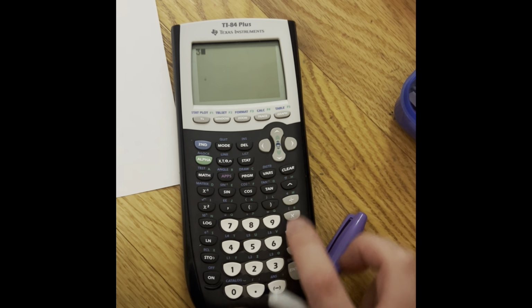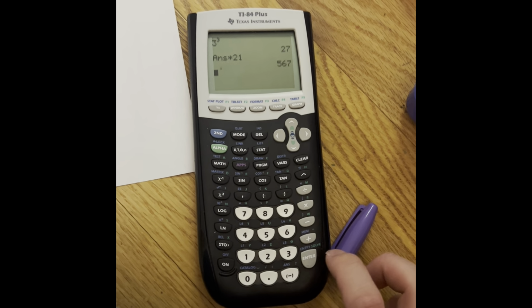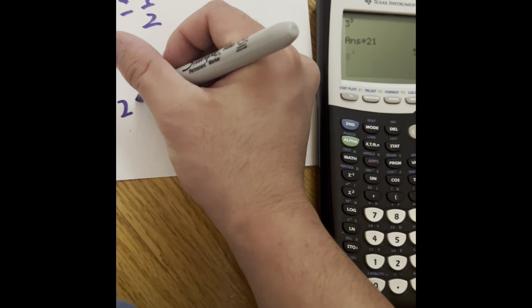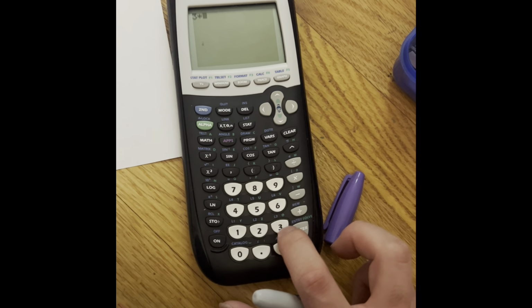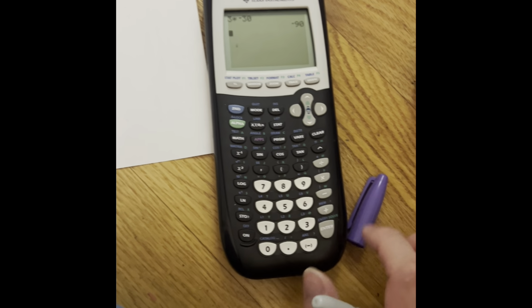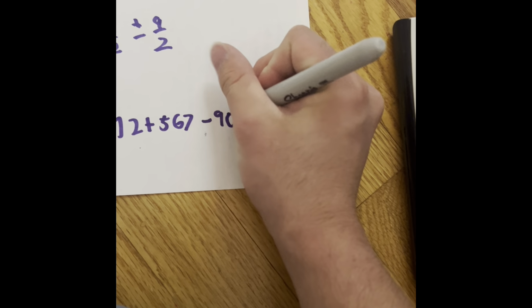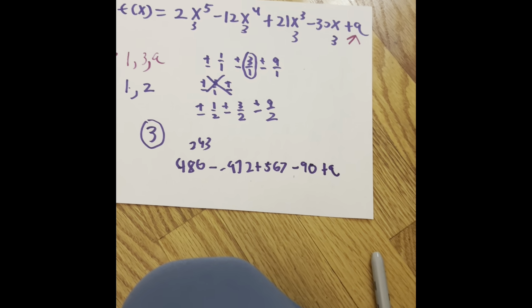So 3 to the power of 3 times 21 is 567. I'm going to add them. Then we have 3 times negative 30, and that is going to be negative 90. So minus 90. Plus 9. This is a really big mess.